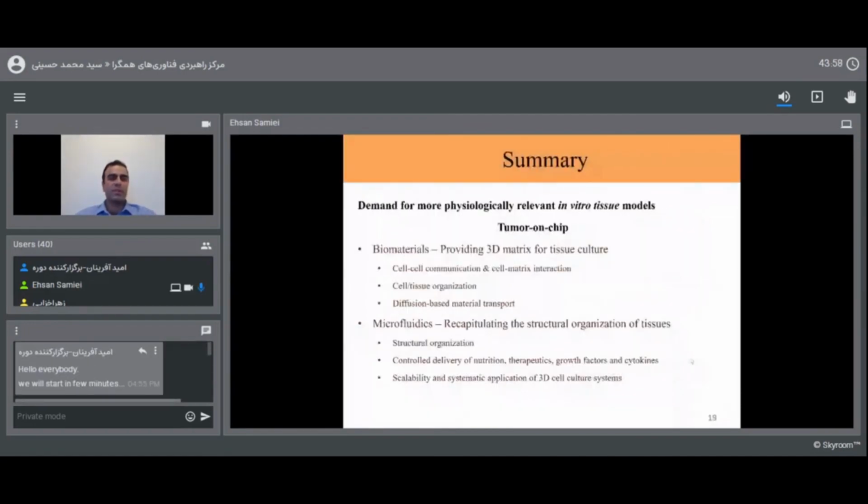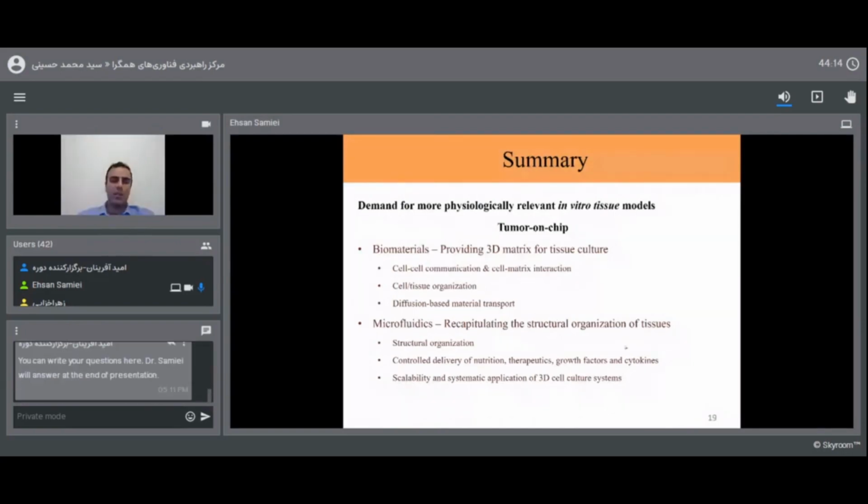To summarize, because of the demand for more physiologically relevant in vitro models, we developed tumor-on-chip models, and biomaterials and microfluidics have very significant capabilities for developing such models.